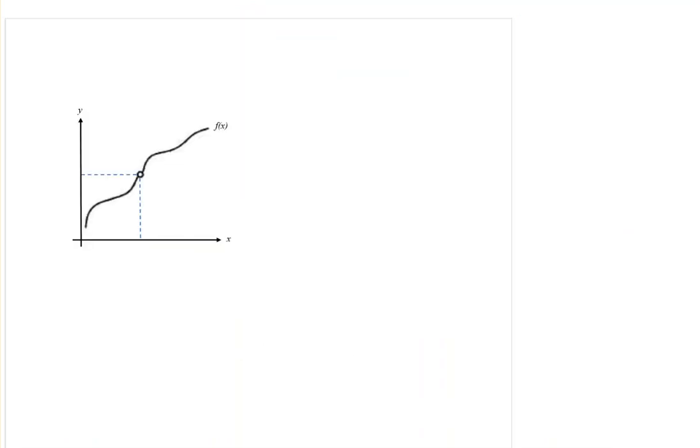All right, so let's take a look at our previous graph, now in detail. Just a recap: if you're trying to find the limit as x approaches 1, what is the limit of the function?